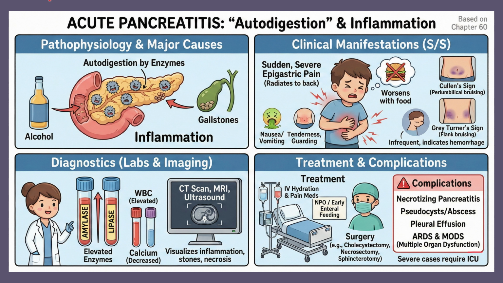The classic clinical presentation involves the sudden onset of severe epigastric pain, often localized to the upper left quadrant or mid-abdomen, radiating to the back or shoulder blades.